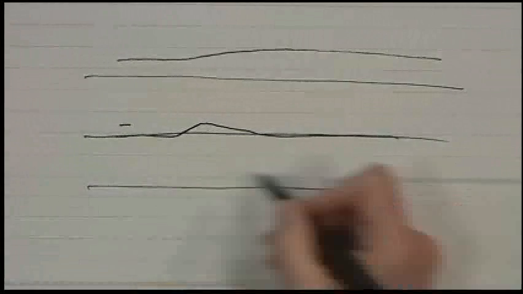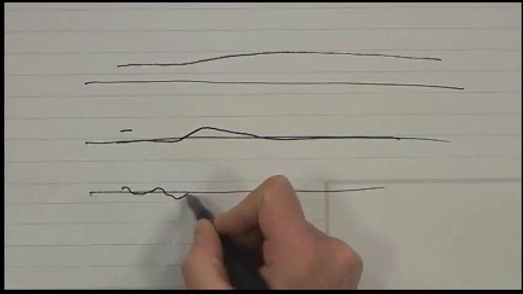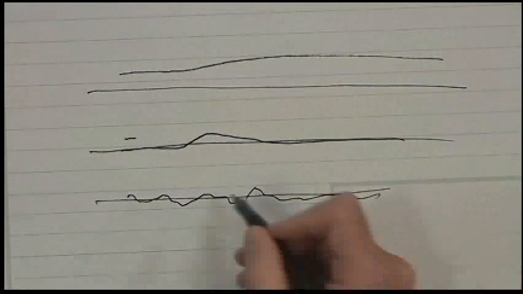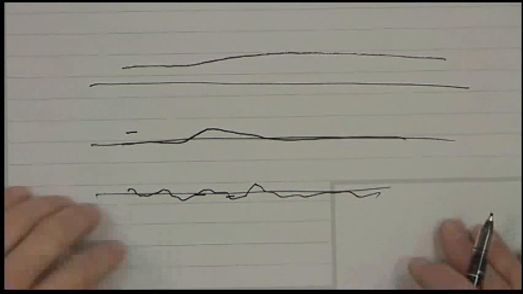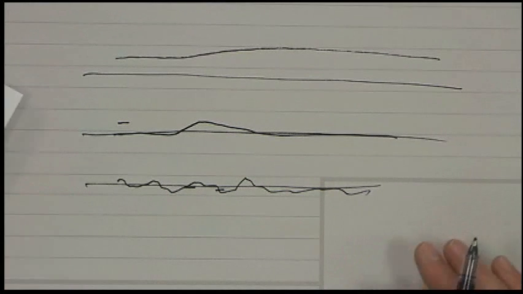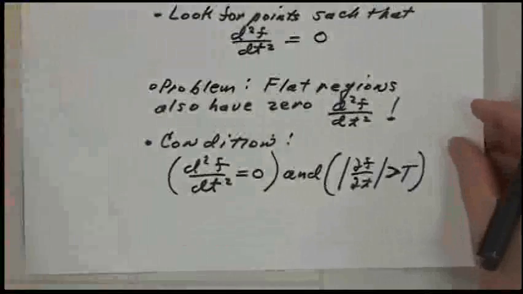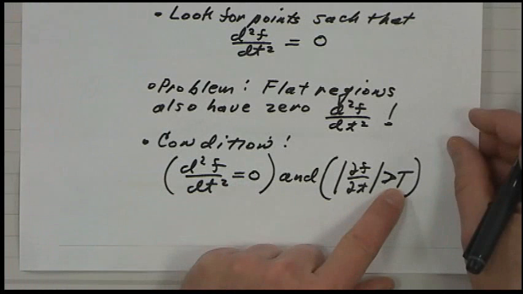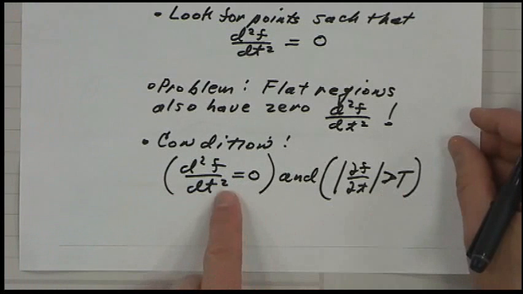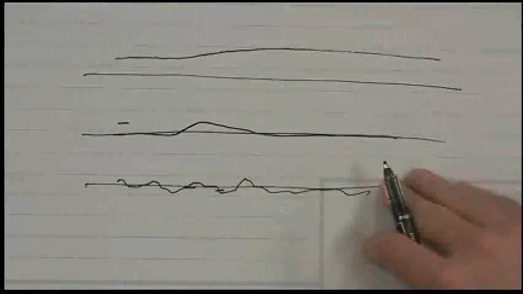And then the second derivative is just going to go like this. It's going to meander around, and you're going to get false alarms every time you hit 0. So that's not robust. But the combination of the two conditions is that you want the second derivative to be 0 and the first derivative to be above some threshold. And then that gives you a peak at the position of the maximum.